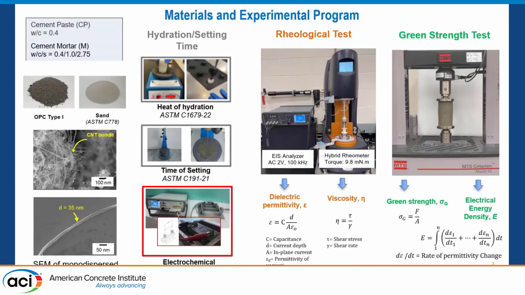So, in this study, we prepared cement paste and mortar using an ordinary Portland cement type 1 and standard sand, and we also used nanomaterials, carbon nanotubes.